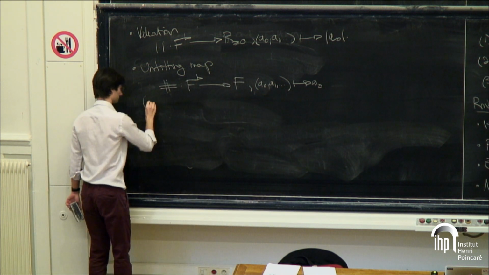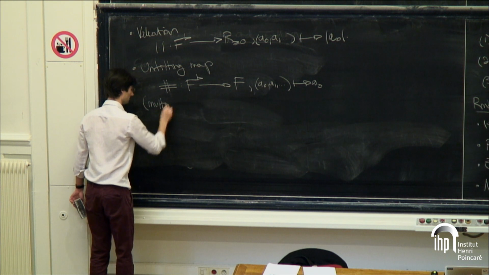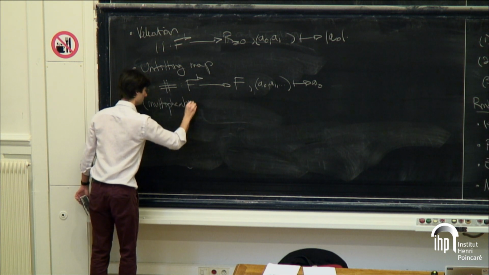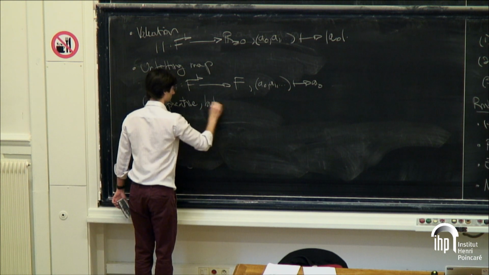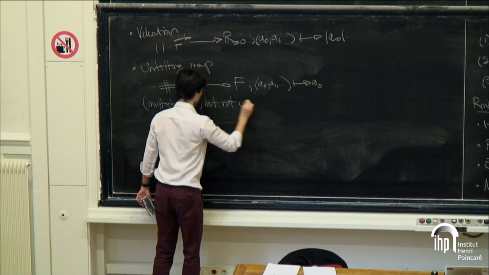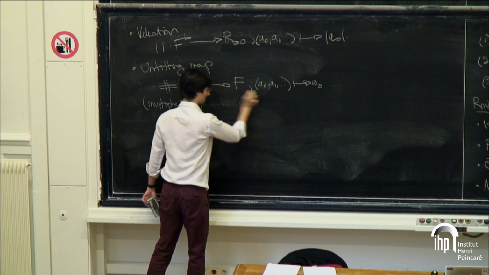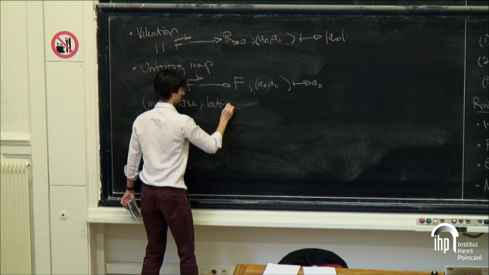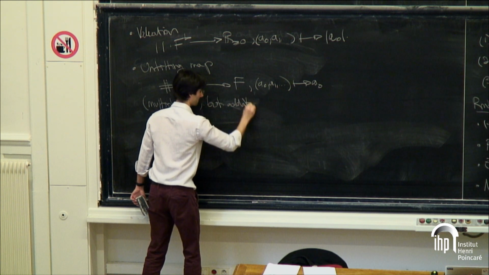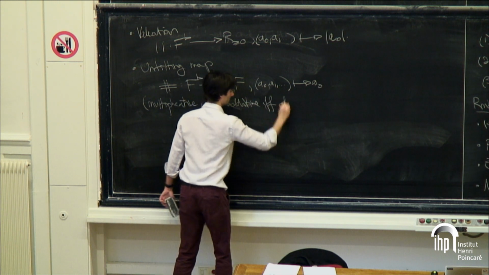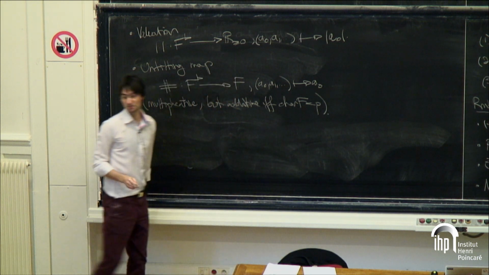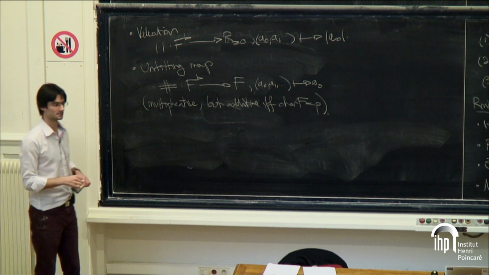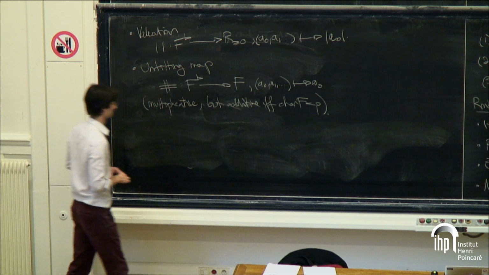And this is multiplicative by definition of the multiplication, but additive if and only if I started with a characteristic P perfectoid field. If I'm in a characteristic 0 case, there's no way it can be additive.